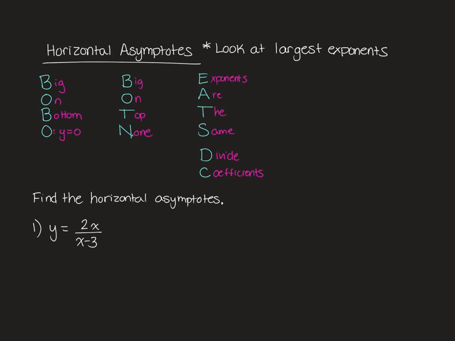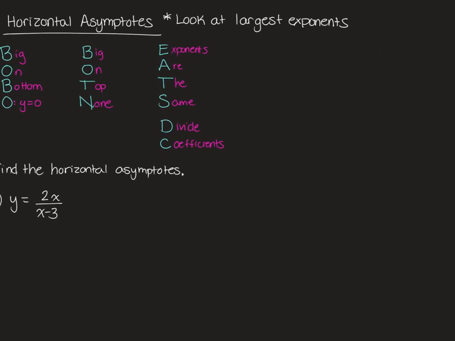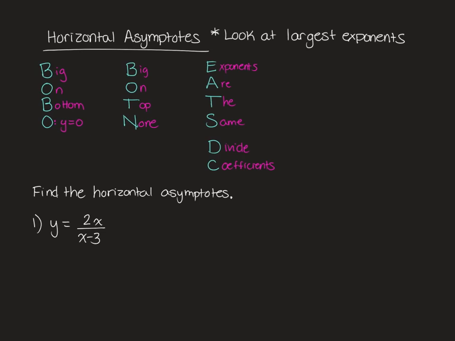Find the horizontal asymptote. We have y equals 2x over x minus 3. What is my largest exponent in the numerator? It's going to be a 1. The largest exponent in the denominator is also a 1. So this is eats dark chocolate: exponents are the same.